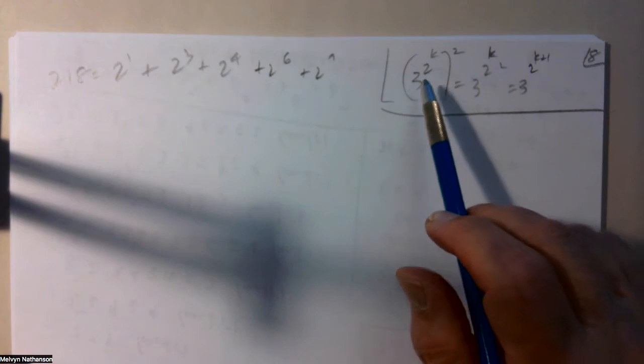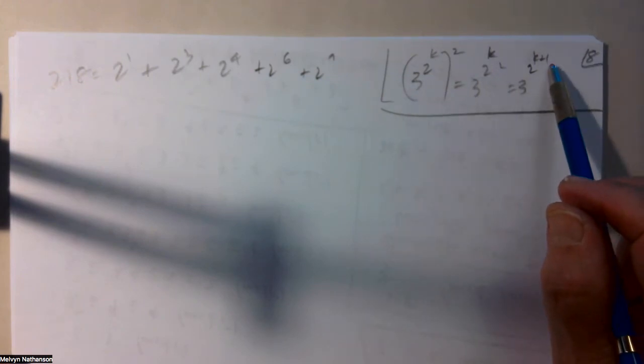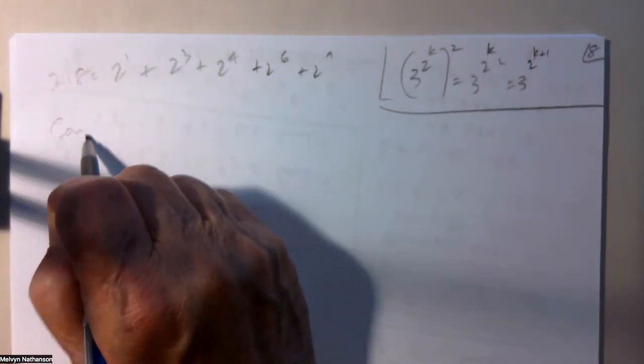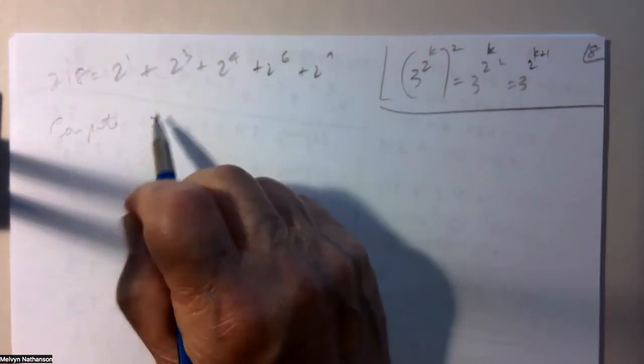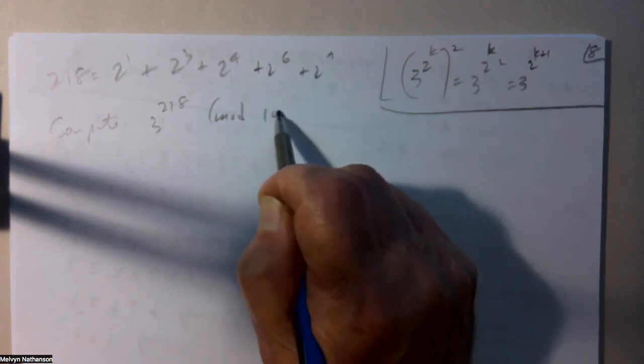So if I want to go from 3 to a power of 2 to 3 to the next higher power of 2, that only takes one multiplication. So let me show you how I can fairly quickly compute 3 to the power 218 modulo 1,000.